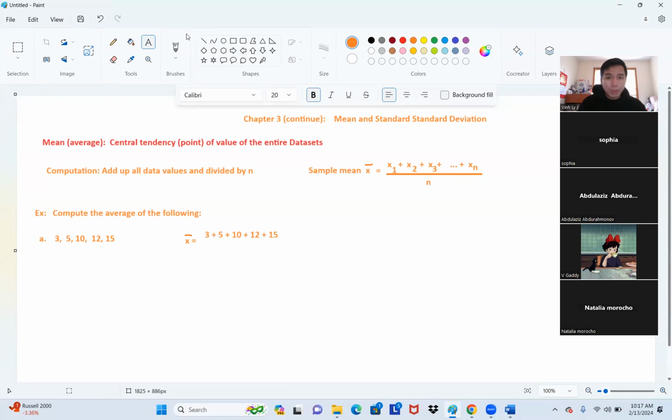The number of data points is n equal to 5, so we're going to divide by 5.